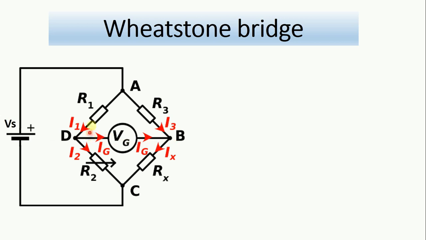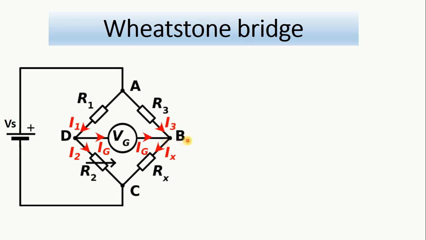So if we start distributing the current, here's the total current. It will be divided into I1 and I3, and then I1 will go to this node and be divided into I2 and IG. Here I3 will be divided into IX, and it will get the IG from here, by Kirchhoff's current law.